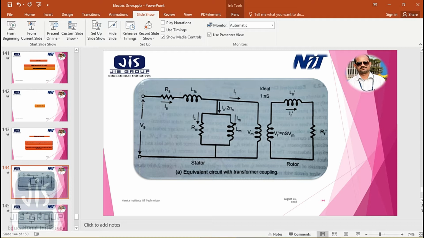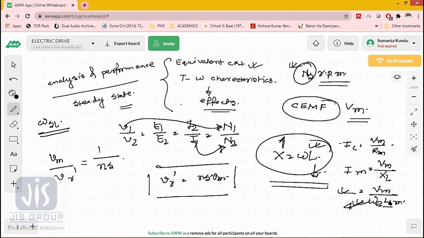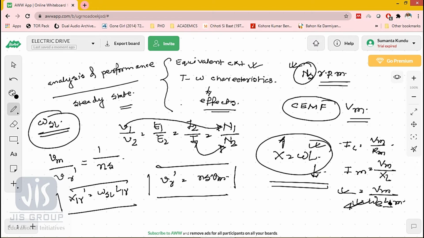So if we consider this, instead of L1 R dash, as X R dash or X1 R dash, X1 R dash will be my omega SL into L1 R dash, because we have taken omega SL here as the slip frequency. Now I want to determine the value of rotor current, that is IR.